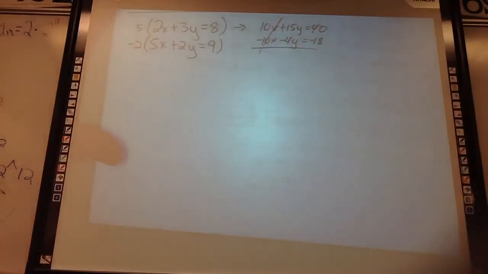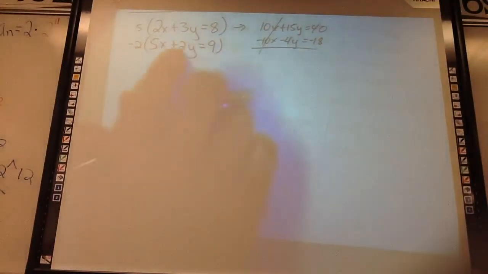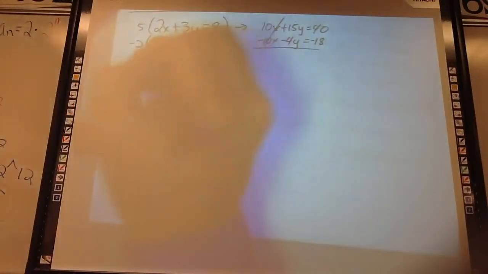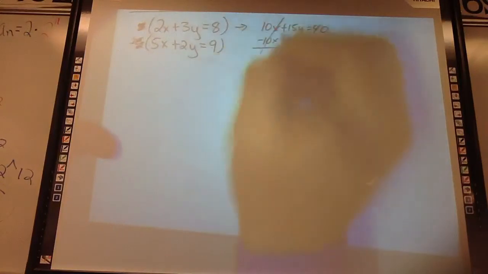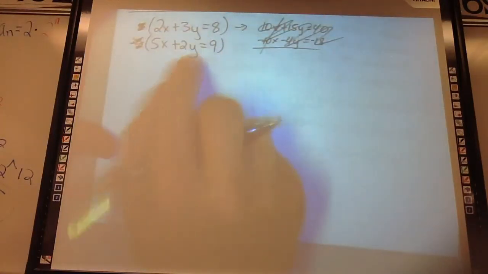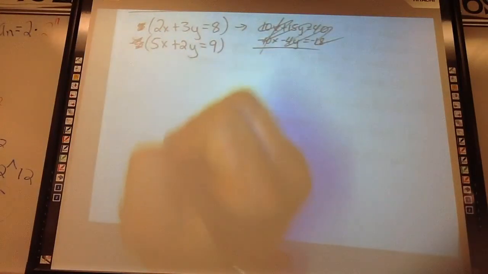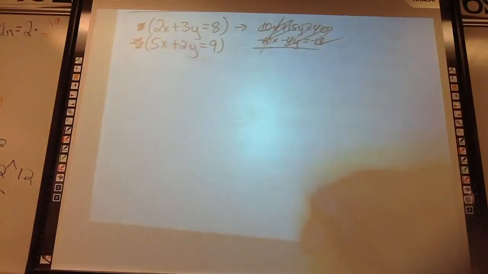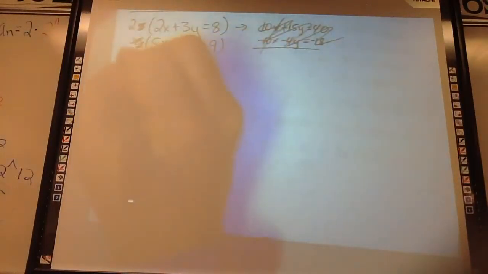That's one of the ways to do this one. There are other options for the same problem. I could eliminate the y's instead. Multiply one of them by 2 and the other by negative 3.